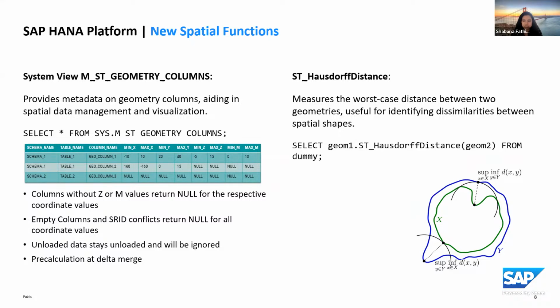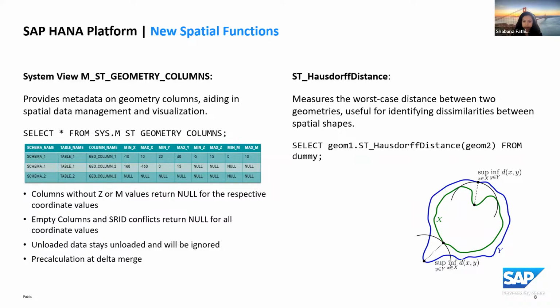It's a very useful tool where exact alignment or similarity of shapes is critical, especially for environmental monitoring or urban planning. Those are all the functions that have now made it to the on-prem systems, SPS 08.